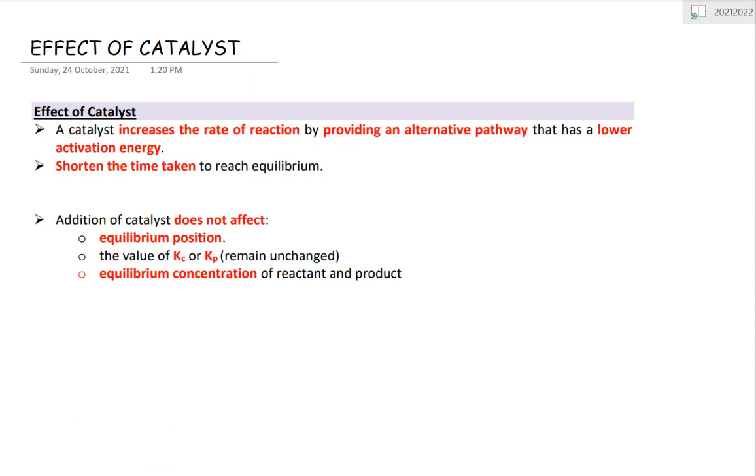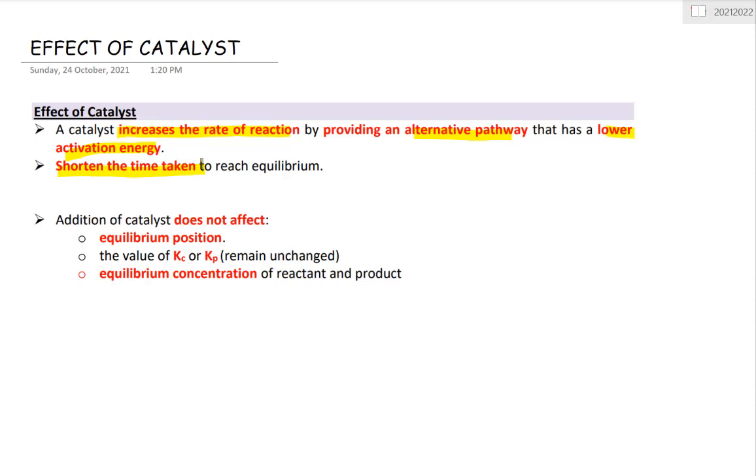And the last factor we have here is the effect of catalyst. The definition of a catalyst: a catalyst increases the rate of reaction by providing an alternative pathway that has a lower activation energy. So by using a catalyst, it will shorten the time taken for a reaction to reach equilibrium.